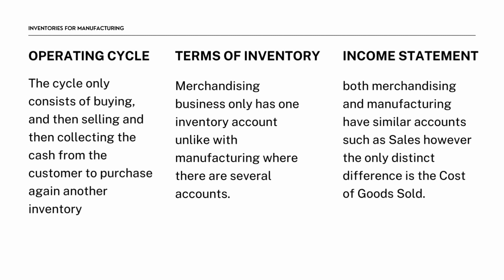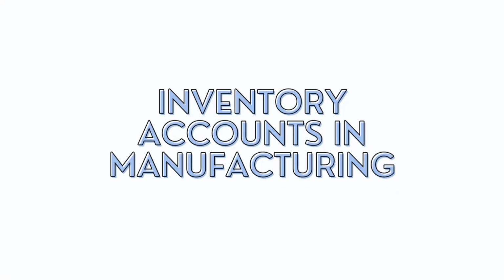Lastly, for the income statement, both merchandising and manufacturing have similar accounts, such as sales. However, the only distinct difference is the cost of goods sold. And the computation for the cost of goods sold in manufacturing is much more complex since there are many inventory accounts.